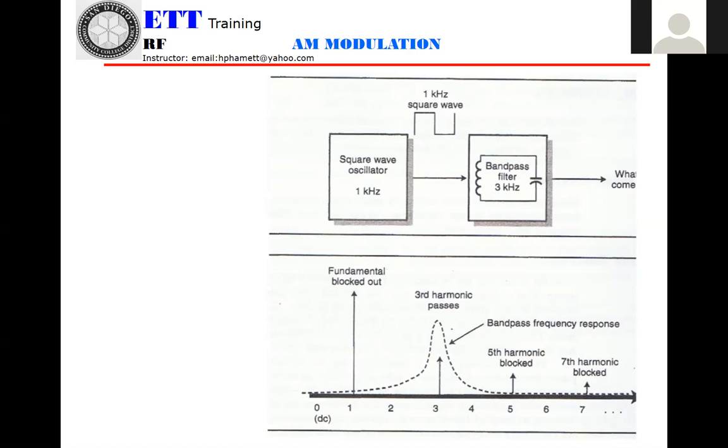Mr. Pham, so you're saying that in between the 1K and the 3K, it's an unstable, noisy environment up until the third harmonic? I don't know much about that. Okay? But they ignore even harmonics.